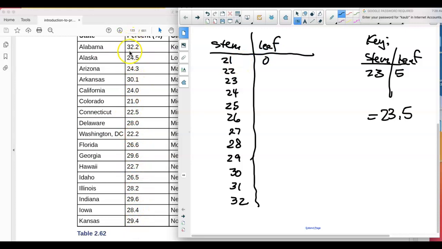Then I'm going to go down my list here and see if I have 22s. Here's 1, it's 0.5. Here's 1, it's 0.2. 0.7. So 0.2 is my first one, then 0.5, then 0.7. So those all go under 22. Okay, 23.